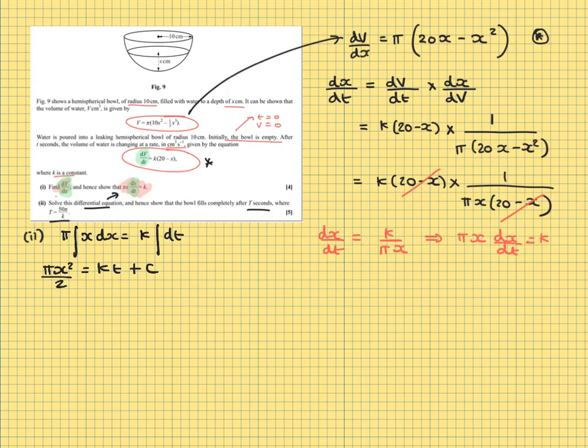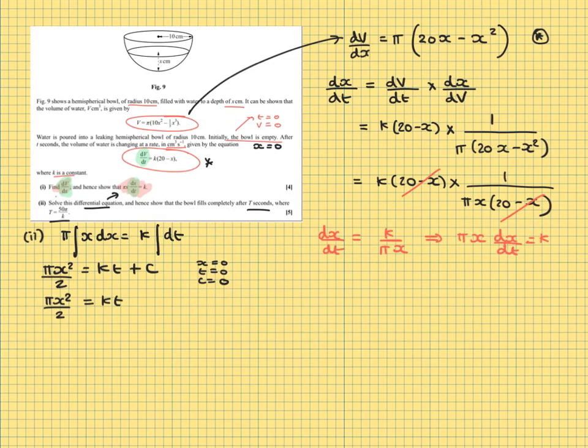Well, we know initially the bowl is empty, so that means that not only does V equal 0 when t equals 0, well, x must equal 0. There can be no depth of water if there's no volume of water. So that tells us straight away, if x equals 0 when t equals 0, then c has got to equal 0 as well. So this then gives us the result that πx squared over 2 equals kt.